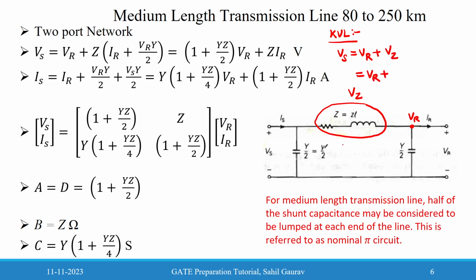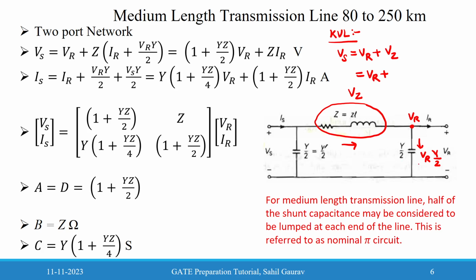How much current is flowing through this? IR current is flowing through this, and this current is IC, that is VR Y by 2. This is the current through this capacitance.